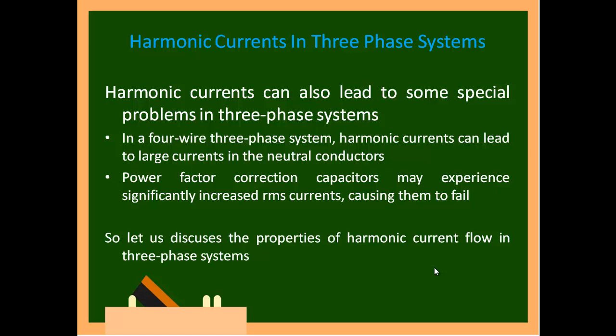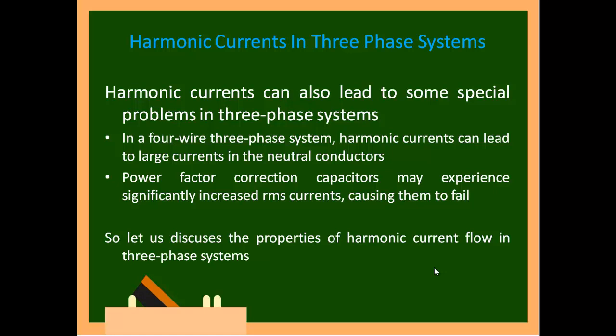We should have a balanced load, which means all three phases should have an equal load. If you have one fridge, one AC, and a submersible three-phase motor or a single-phase motor, then all these should not be on the same phase. They have to be distributed across R, Y, B, so that your load is always balanced.